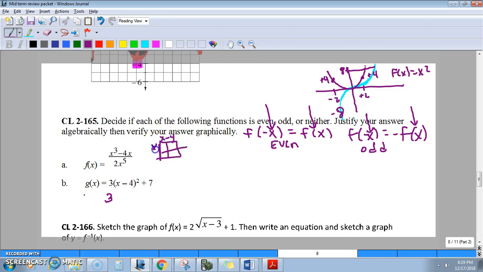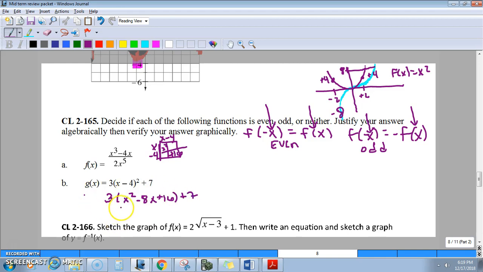X minus 4 times x minus 4 gets x squared minus 4x minus 4x plus 16. So we have x squared minus 8x plus 16, because there are 2 negatives, plus 7.